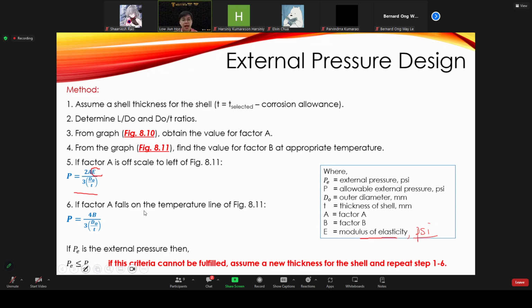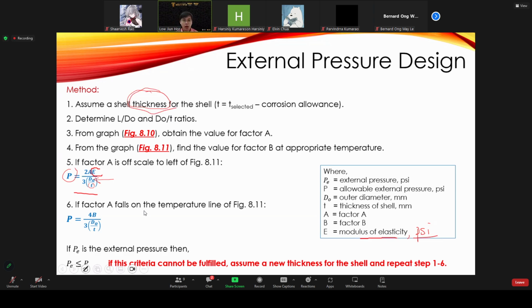Then this one is T. The T here is the thickness of the pressure vessel that you assumed just now. And this one is the outer diameter of the pressure vessel. So if the value here is bigger or equal than the external pressure that you are going to withstand, then the thickness that you assumed just now is thick enough.